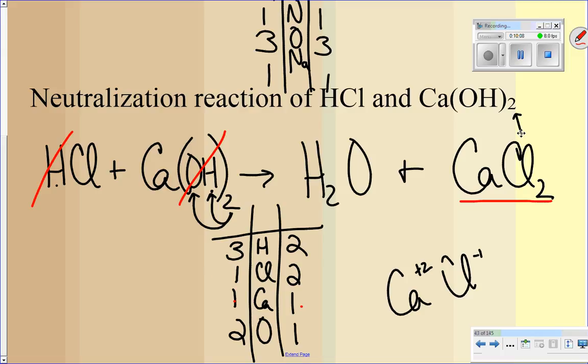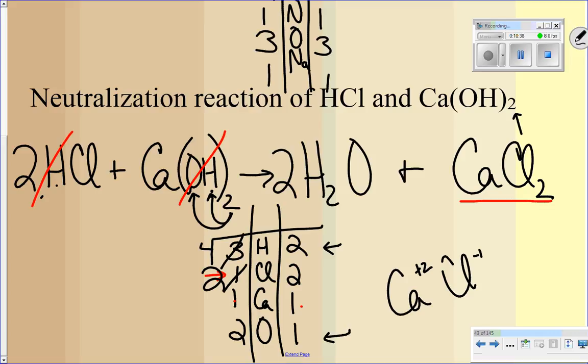In order to get 2 chlorines over here, I can go ahead and put a 2 in front of HCl. That's going to now turn my H into 2 from here, 2 from here, 4, and it turns my Cl into 2. Now I'm still not balanced for oxygen and hydrogen. I need more hydrogens over here, more oxygens over here.